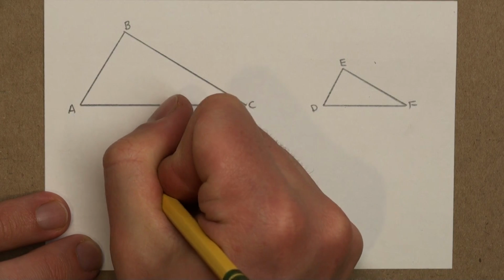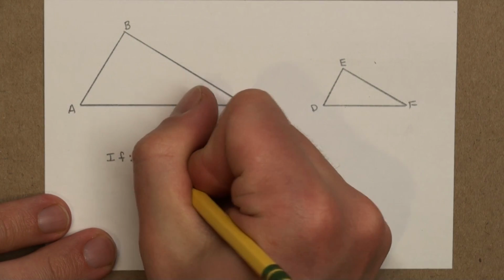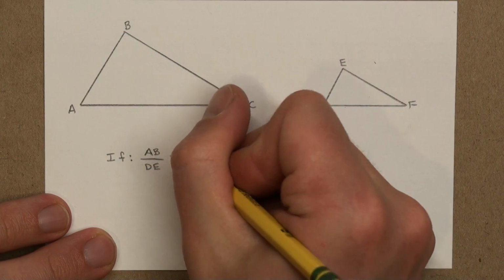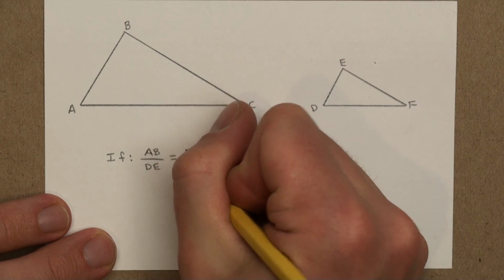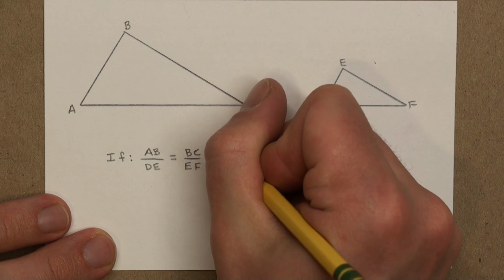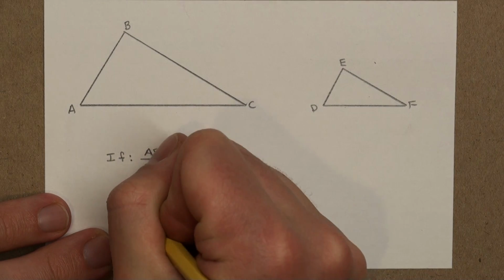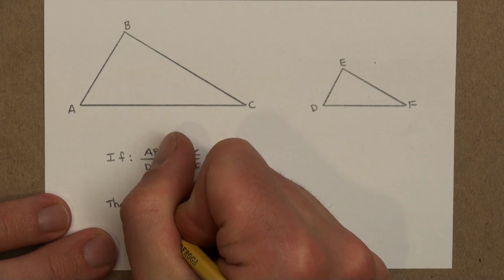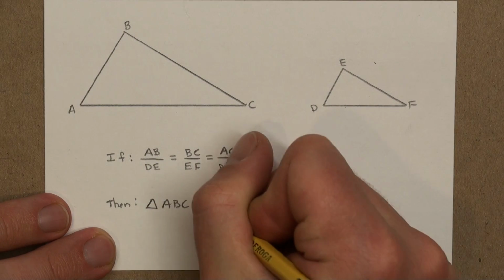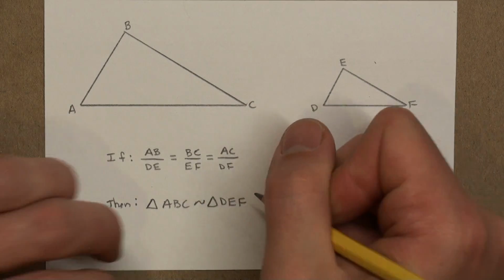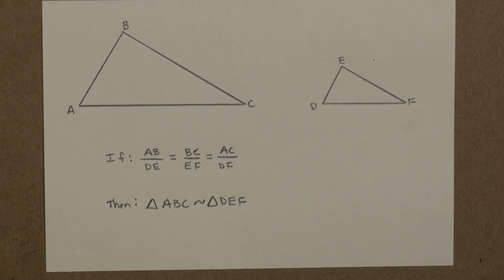If AB over DE is equal to BC over EF is equal to AC over DF, then triangle ABC is similar to triangle DEF. That's that one.